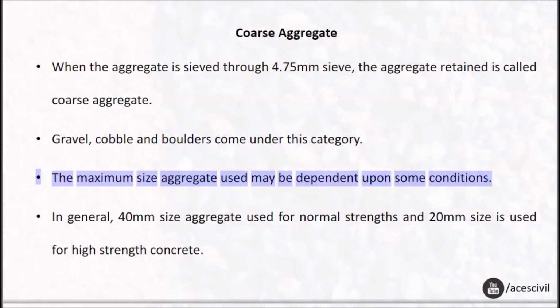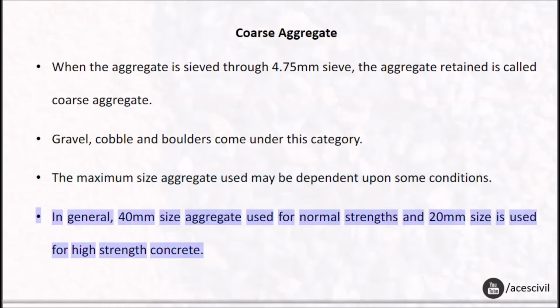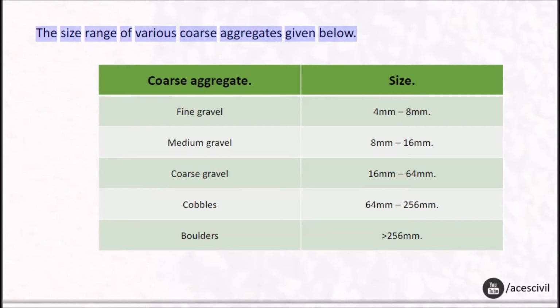The maximum size of aggregate used may depend upon some conditions. In general, 40 mm size aggregate is used for normal strengths and 20 mm size is used for high-strength concrete. The size range of various coarse aggregates is given below.